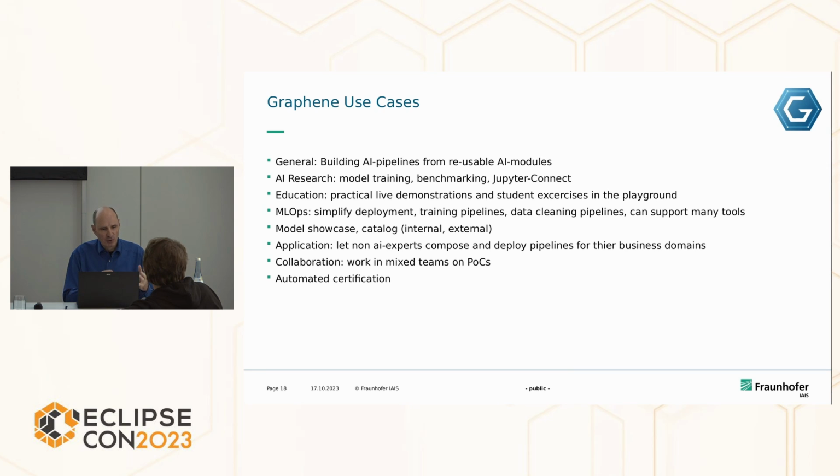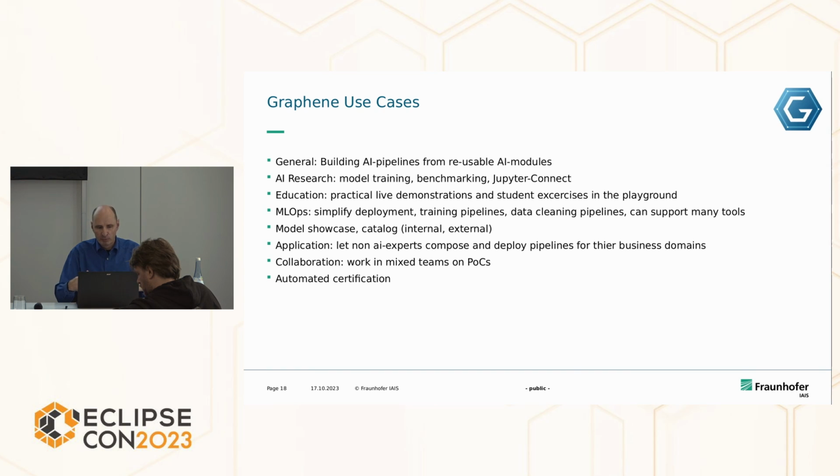It can be used for education, to give practical live demonstrations or student exercises in the playground. We have some support for MLOps, for simplified deployment, and for training pipelines, for data cleaning pipelines, and it can support many more tools for deployment.